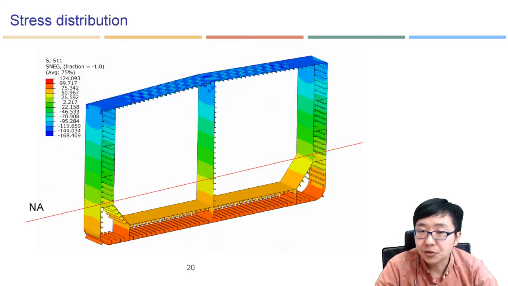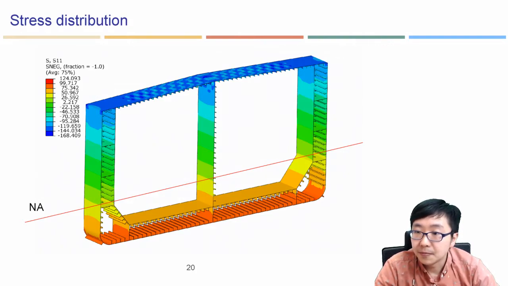This is the stress distribution obtained from the finite element method, and basically they have applied the bending moment. If I'm not mistaken, they have applied the sagging bending moment. As you can see here, the positive value, represented by the red color here, is 124 megapascal, and here there is compression from the sagging bending moment.